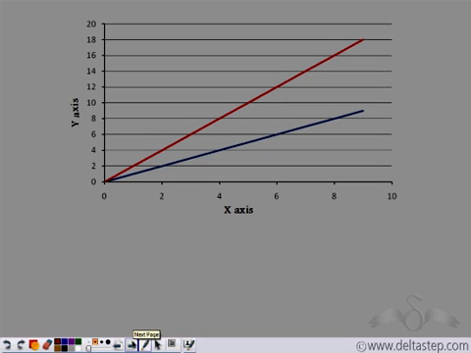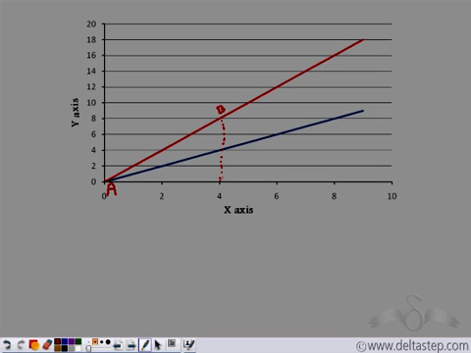Now we have these two lines. And what do you have to say about slope of these two lines? Let us compare their slopes. First, we find the slope of this red line. So again, we take 2 points. Let us take this point as point A and let us take the point corresponding to 4, that is this point, as point B. So what is the rise in moving from A to B?